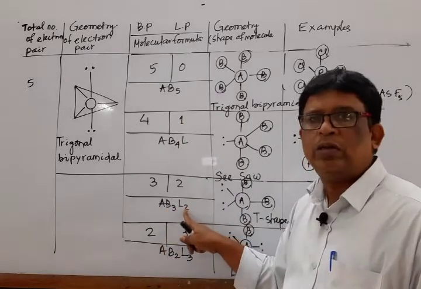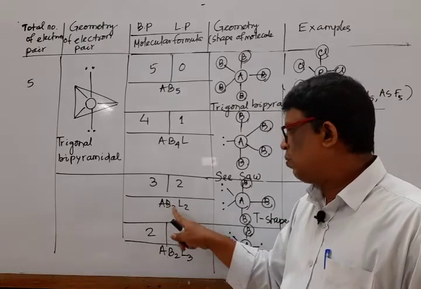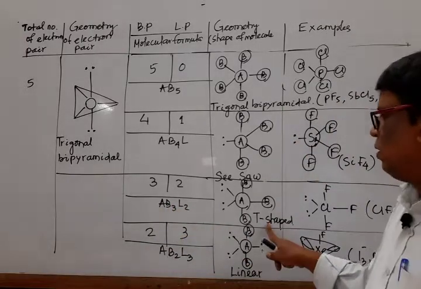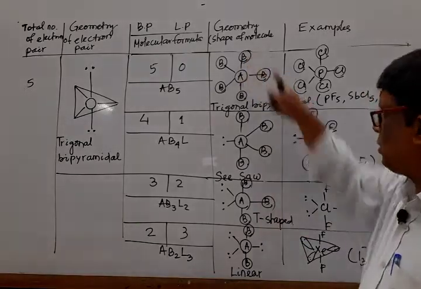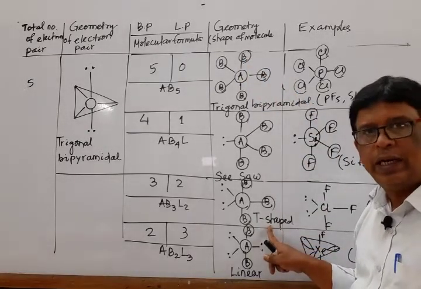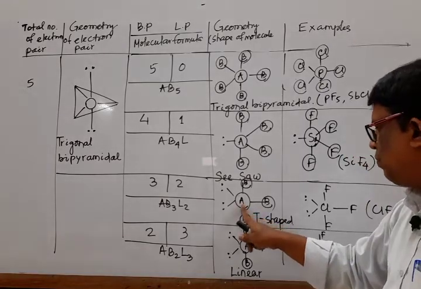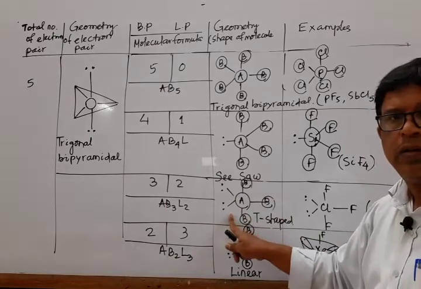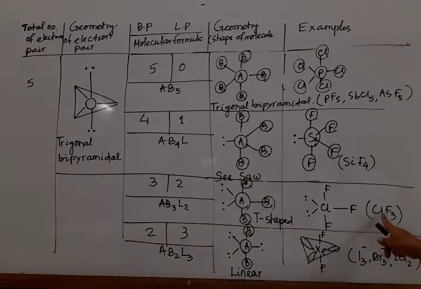L means lone pair, B means bond pair, A is the central atom. If it is the case, then the geometry shape of the molecule is T shape. Alphabet T shape. Here the central atom has 3 bond pair and 2 lone pair. Some example is ClF3. Mark that.